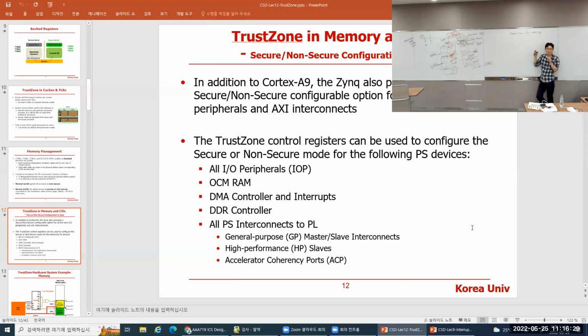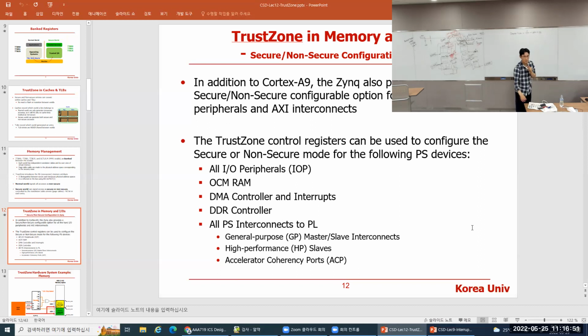If you remember the lecture, ARM is doing what? The IP business, intellectual property business, right? So ARM is licensing its IP core, some very low-level hardware design, to Samsung, Hynix, LG, Intel, Qualcomm. Right?